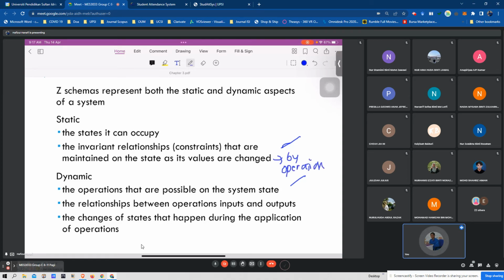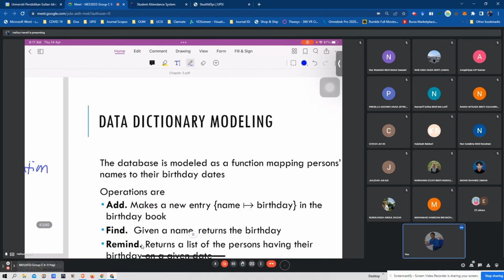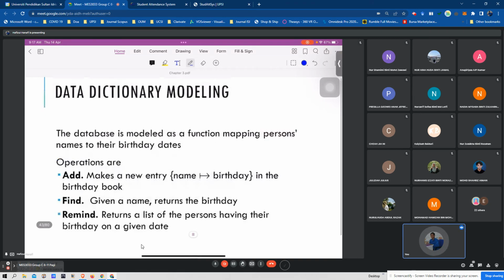And then we have dynamic: the operations that are possible on the system state, the relationship between operations based on input and output, and the change of the state that happens during the application of the operation, including invariants. Okay, we have data dictionary modeling: add, find, and remind.